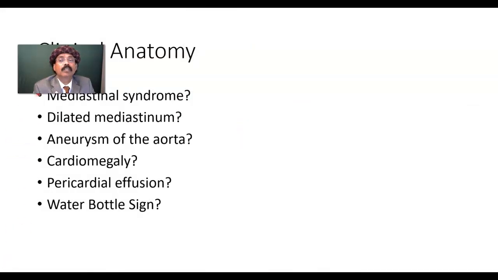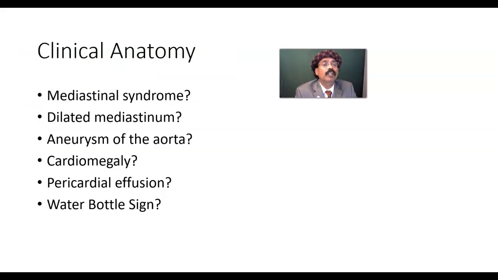Okay, we have some clinical anatomy. Mediastinal syndrome: we must know that the mediastinum is not a rigid structure. The mediastinum can be moved in either direction, because multiple structures are close together and we have a lot of loose connective tissue around them.